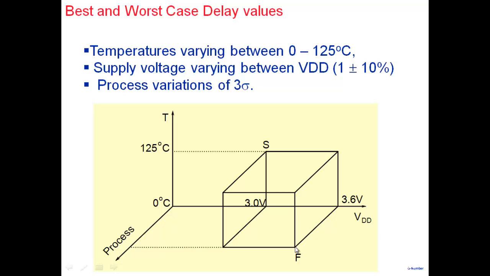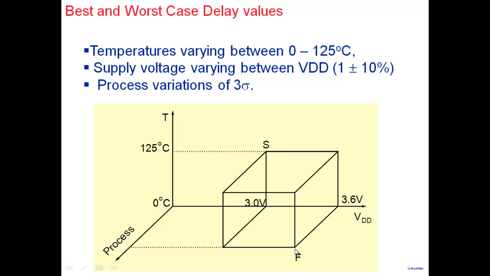And for that reason, again, I have a higher current here. So this corner here provides you with the maximum current. Temperature is low, the supply voltage is highest, and the transistors KPN and VTHN are such that it's a fast transistor here.